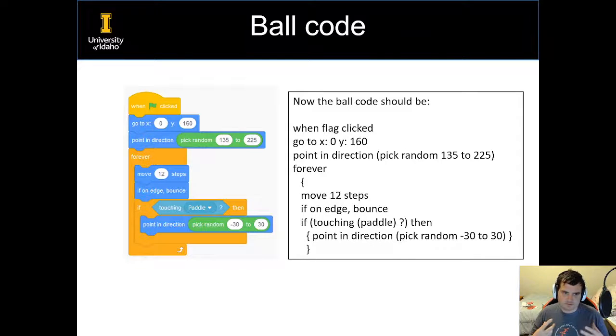It checked if it was touching the paddle one time, and it wasn't, so it didn't do anything. So you always want it in that forever loop. Depending on how your program works, where each statement is inside of the forever loop can make a difference. Just things to be aware of.